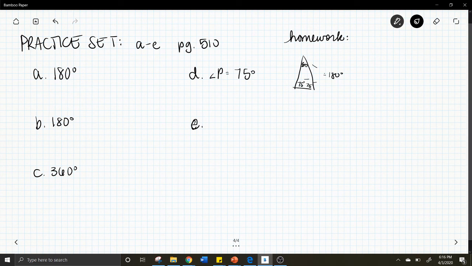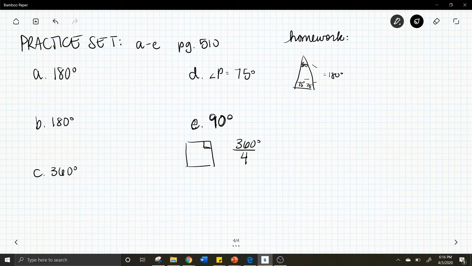If all of the angles together would be 360, what's the measure of one of those angles? It would be 90 degrees. So you just took 360 and divided that by 4 to get your answer there. All right, hopefully that made sense.